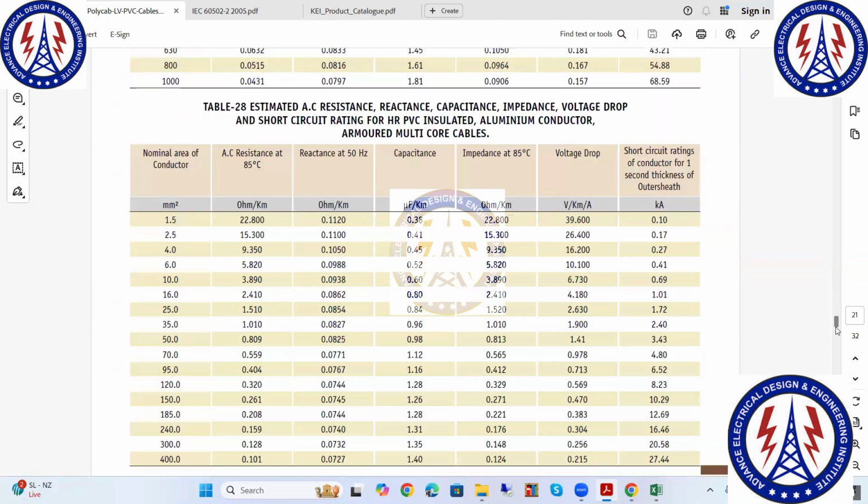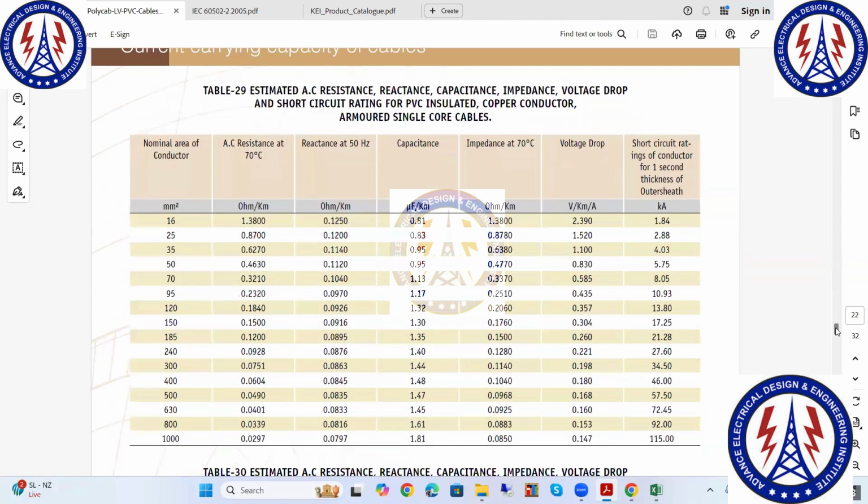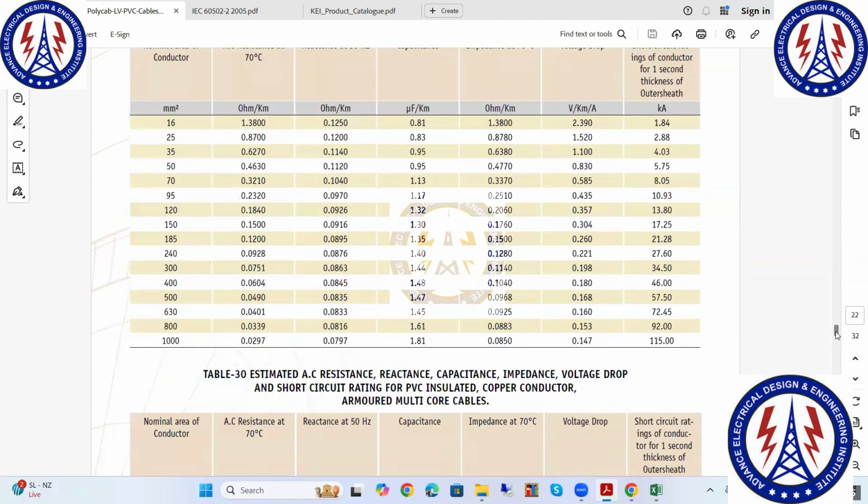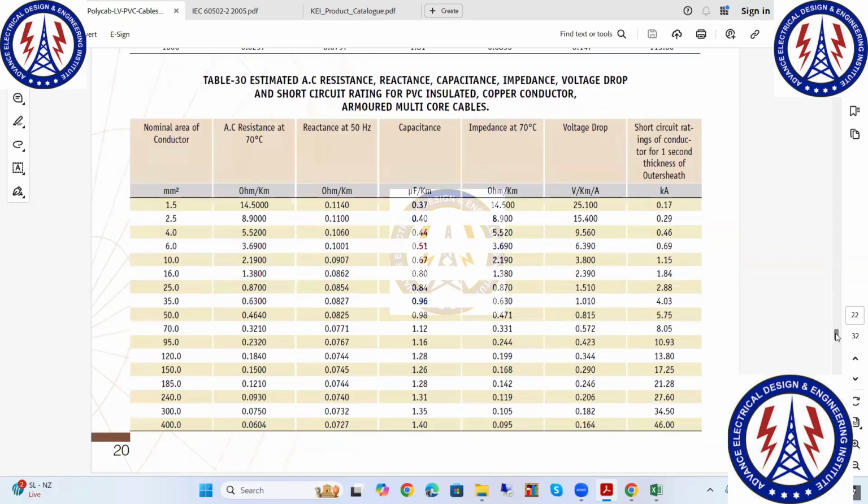Copper conductor armored single core. Copper conductor multi-core. My cable cross section is 70 square, right? So this is the resistance and reactance, so the same value is used here.